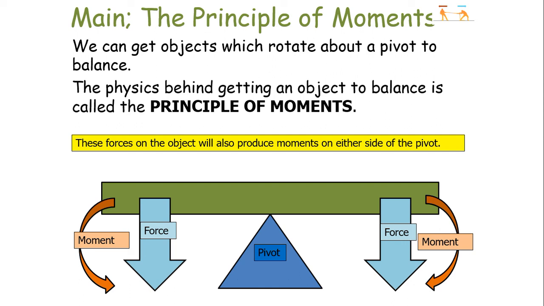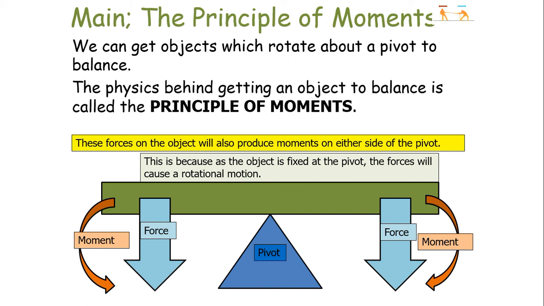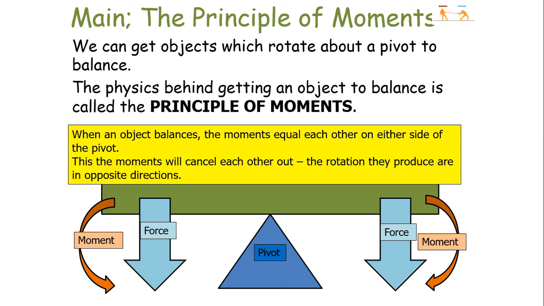You'll notice in this diagram that the moments are acting in opposite ways. One is causing a rotation clockwise, the other anti-clockwise. So you'll soon realise that the two effects will cancel each other out. As a result, if the moments are equal on either side of the pivot, they'll completely cancel out, so there'll be no rotation one way or the other, so the object will balance.